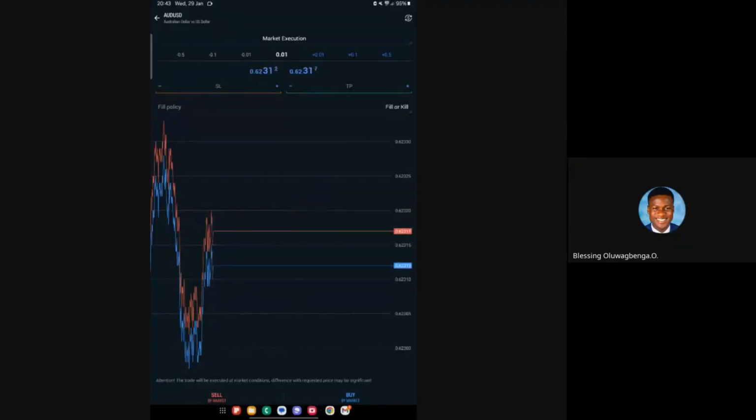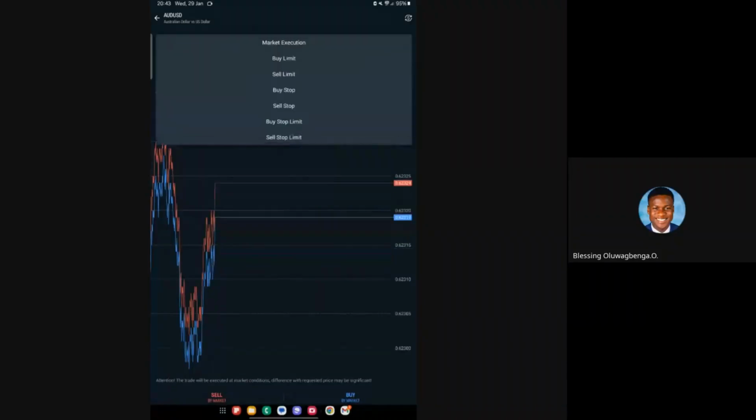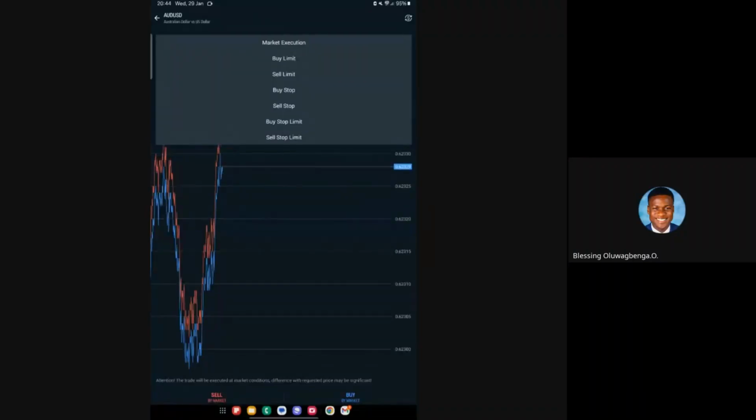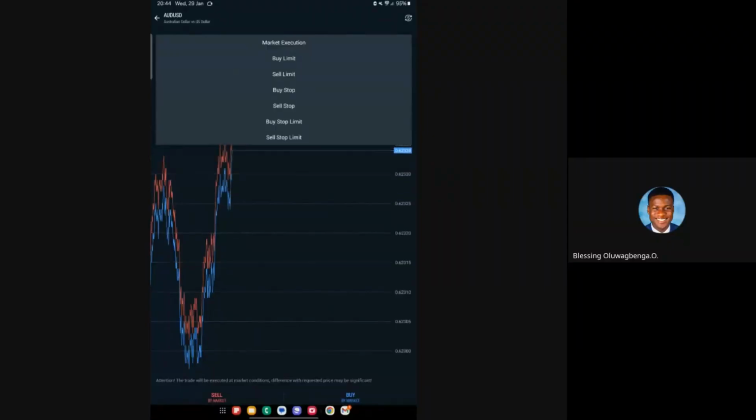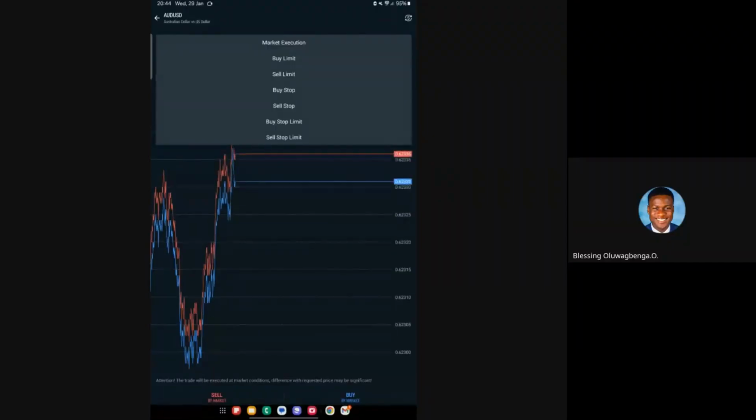If I don't want to use market execution, I'll click the drop down. You can see buy limit, you can see sell limit. Now the buy limit means I've analyzed my chart and I'm seeing a potential increase on the pair that I want to trade. But I may not always be on the chart.